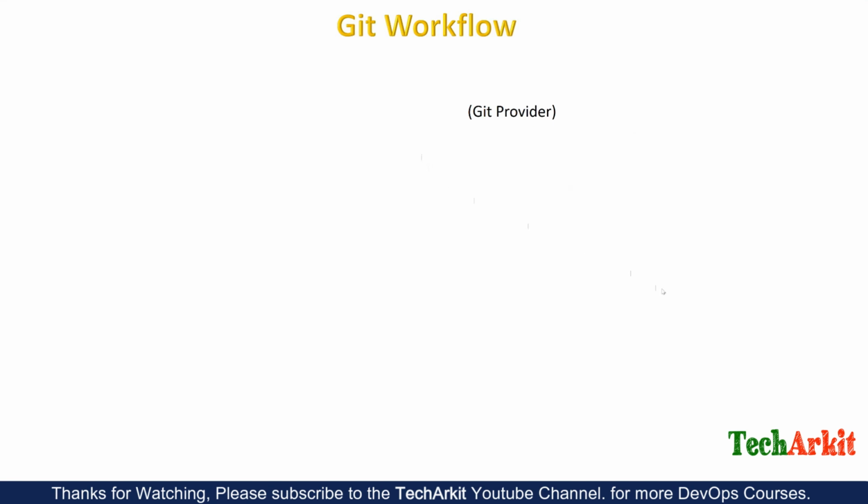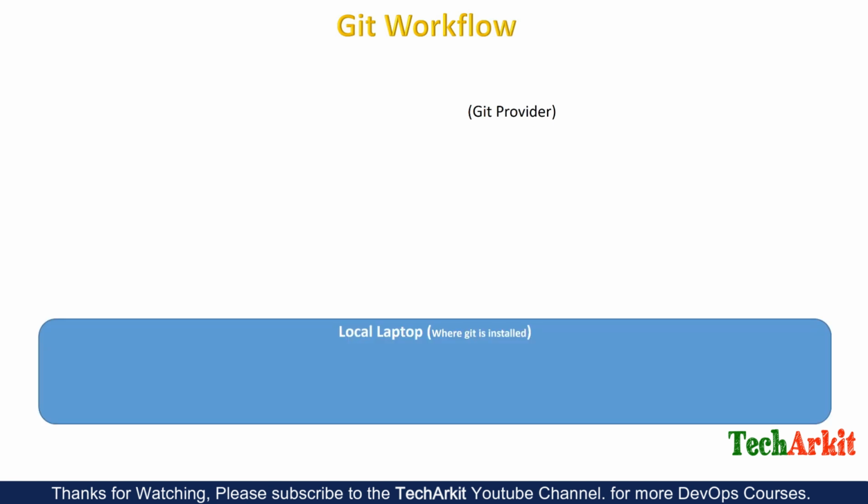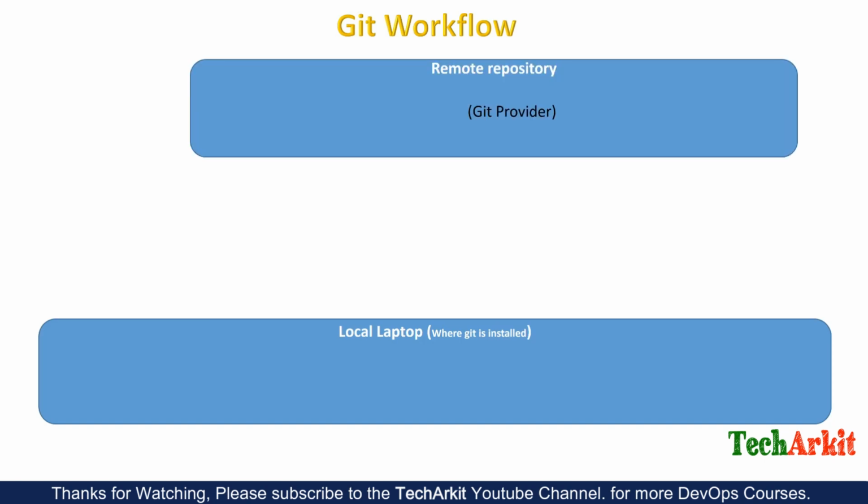So let's understand the Git workflow, how it does the code commit and code push, all this stuff, right? You have a local laptop where you have installed Git, and we have the remote repository, which is on a Git provider, in this case GitHub. What we did right now is create the initial working directory.